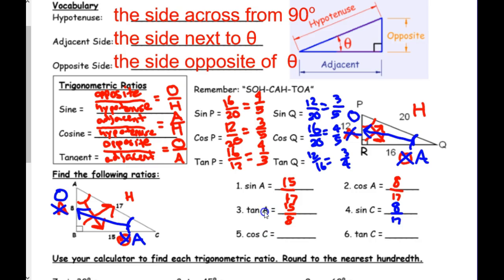All right, so cosine is A over H, 15 over 17. And then someone with glasses on. All right, so tan is TOA, O over A, which is, what did you say? 8 over 15 is perfect.